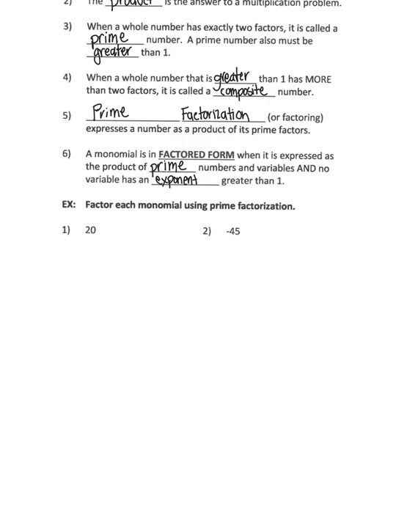Our example says factor each monomial using factorization. Remember, monomial means we've got one term, and look at number 1, 20, that is one term. So to factor, we have to break it down into two numbers that multiply to give me 20. If I did 2 times 10, that would give me 20.